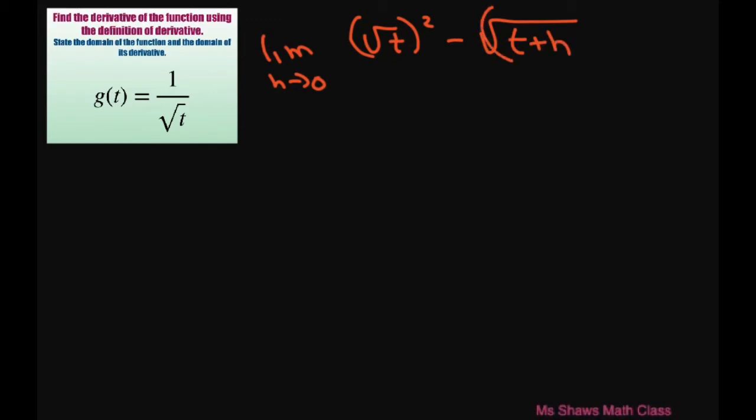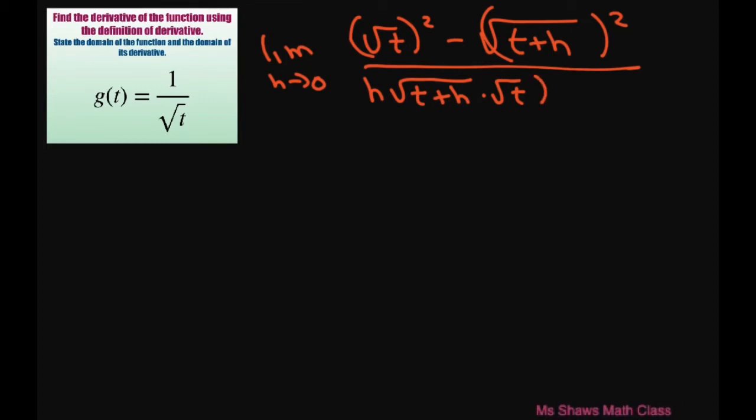So we're going to square this and square this part. So we're going to get the limit as h approaches 0 of square root of t squared minus square root of t plus h squared, and our denominator is this long thing, h times the square root of t plus h times the square root of t, and then times square root of t plus square root of t plus h.